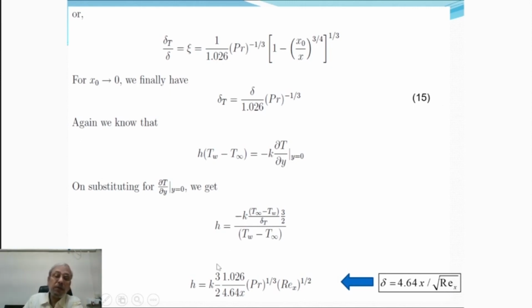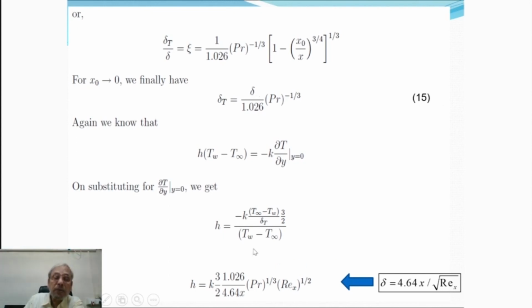So h equal to, we can see, k 3 by 2, and delta is basically delta T into Prandtl number to the power minus 1/3.